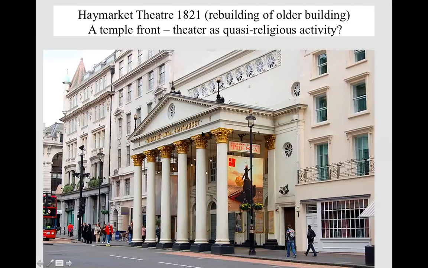Or here, the theater, classical temple front in front of a great theater, one of the oldest actually in England, although this is rebuilt, as you see, in the early 19th century.